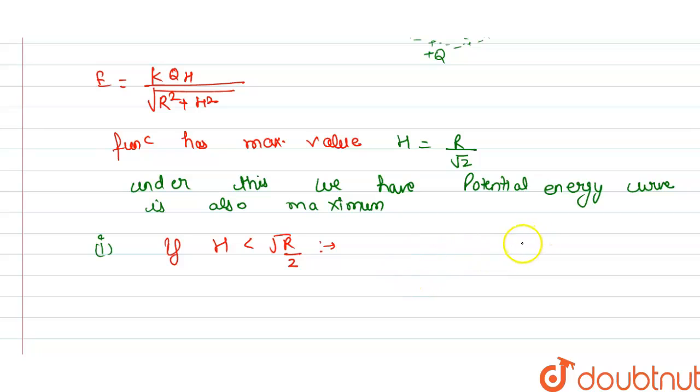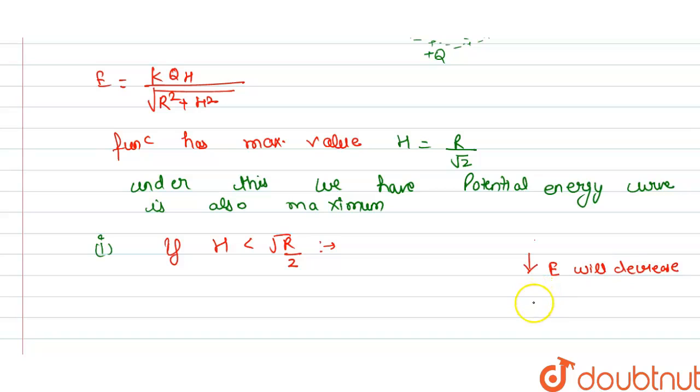Suppose we displace our particle slightly down in this direction, E will decrease, that is potential will decrease.